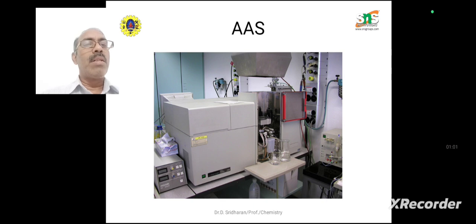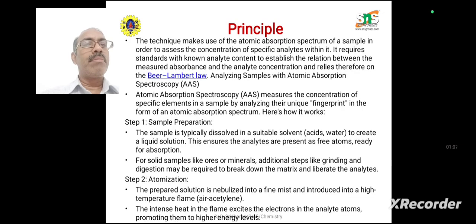This shows the modern instrument of AAS. Principle of AAS: the technique makes use of the atomic absorption spectrum of a sample in order to assess the concentration of specific analytes within it.